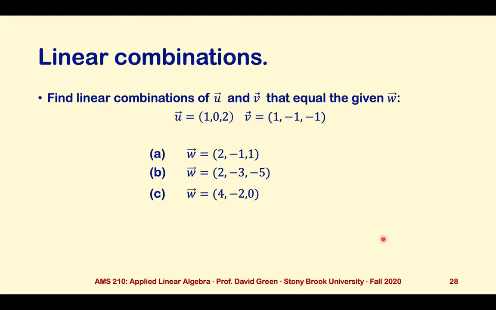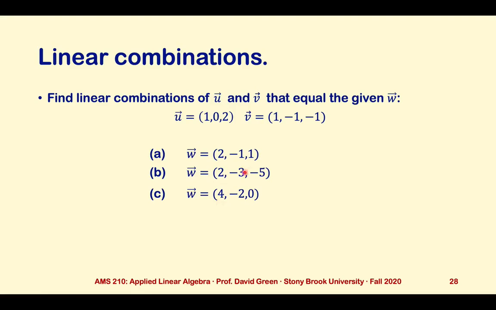The next problems I want to work on look at the idea of linear combinations. We're given two vectors, u and v, the same two that we worked with in the earlier problem. And we would like to find linear combinations of u and v that equal the w that we're given.